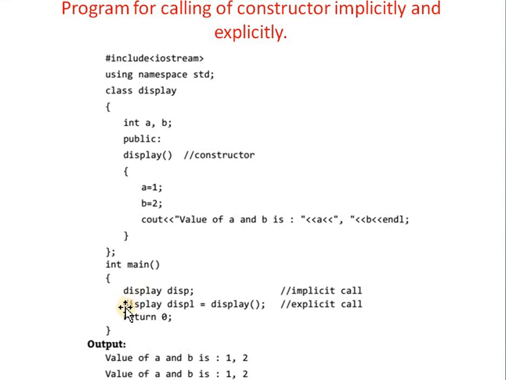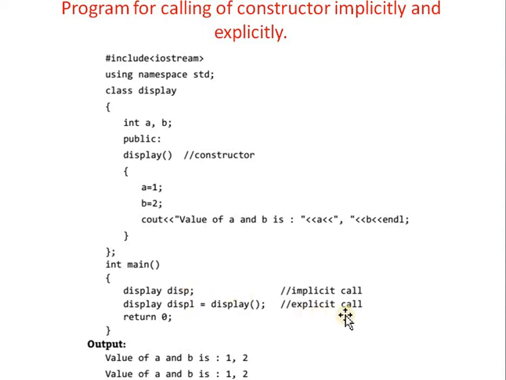Then here again another object of the class is created, Display disp1. Here another object is created and it gets assigned by specifying the name of the constructor. Display is our constructor, and the constructor's values are assigned to the created object.